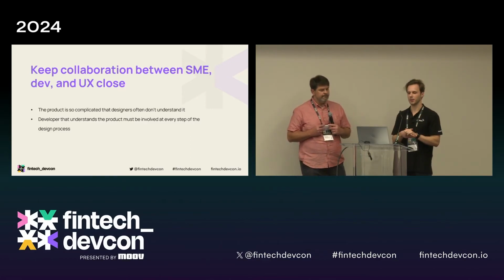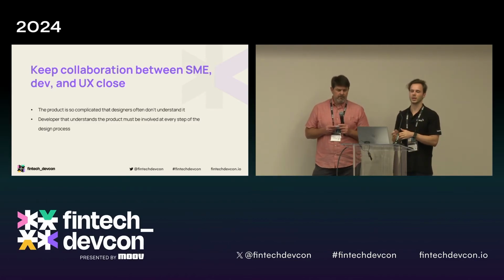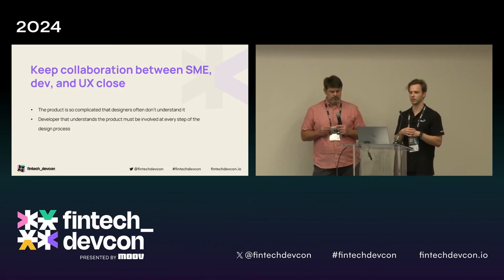It's also important that at certain stages you get the customers, the subject matter experts, and the stakeholders to work with the designers, for example once every week, so they realign on what the vision is for the system.